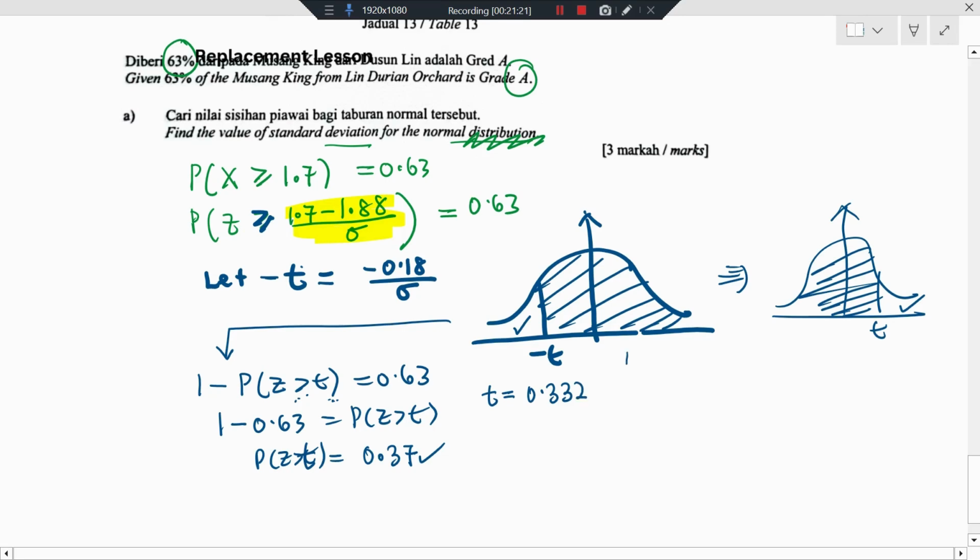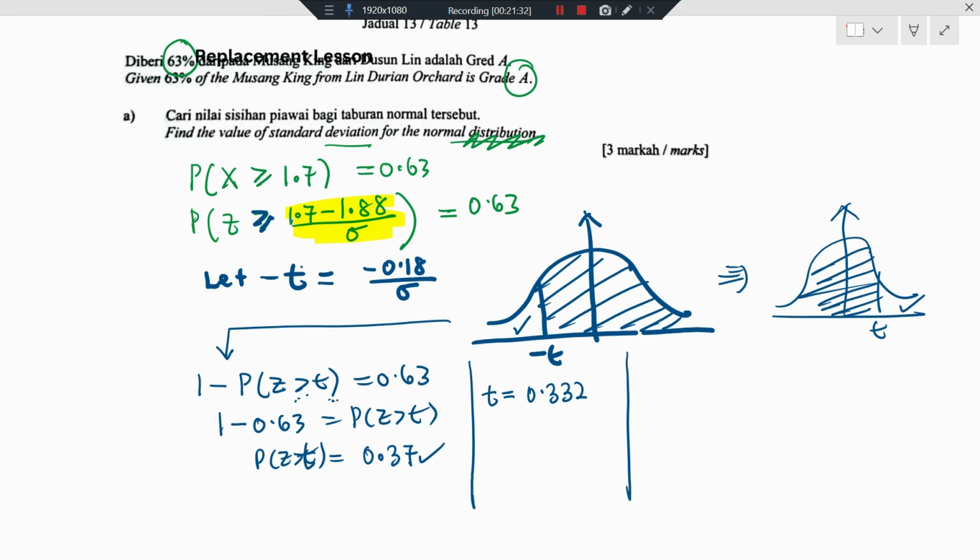Then substitute inside the equation, because our interest is to find this sigma. So negative 0.332 is equal to negative 0.18 over sigma.